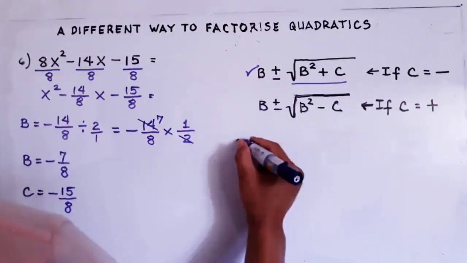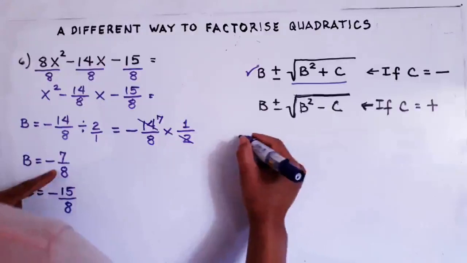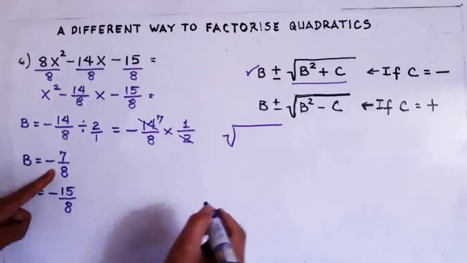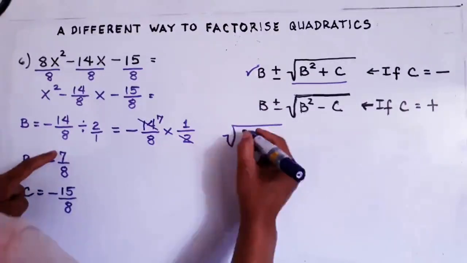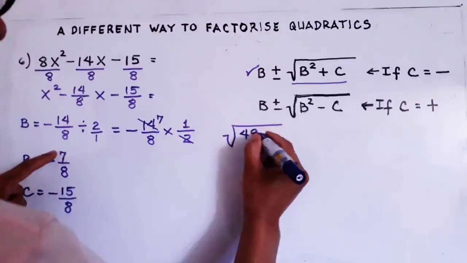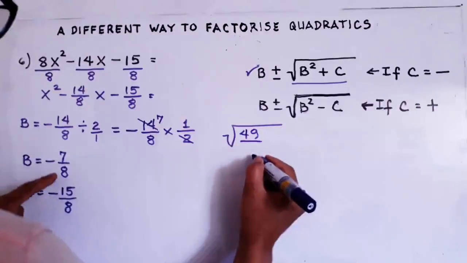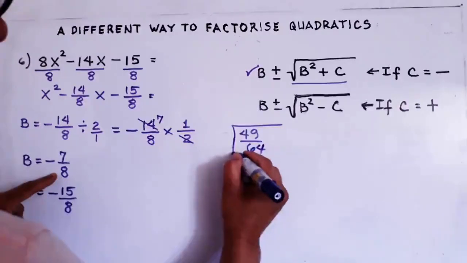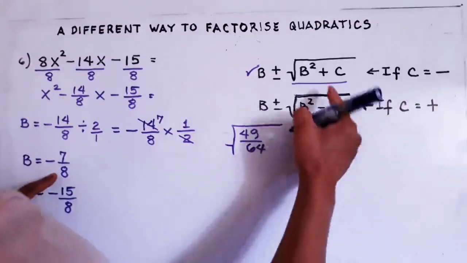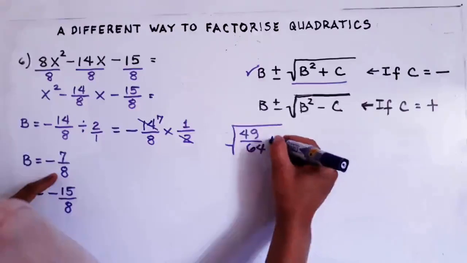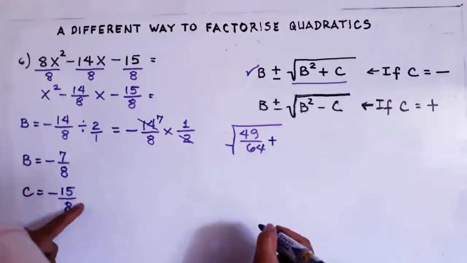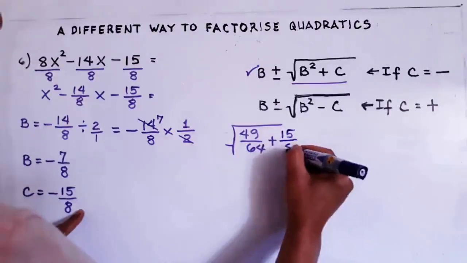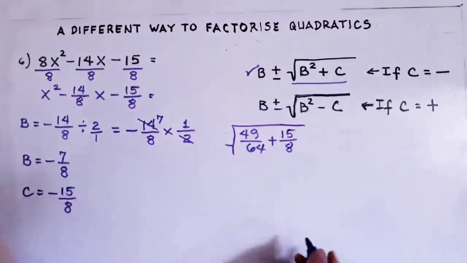We have to square this one, so here we have 7 times 7, it's 49, 8 times 8 is 64. And then plus, we'll just add the c. What is the c? 15 over 8.